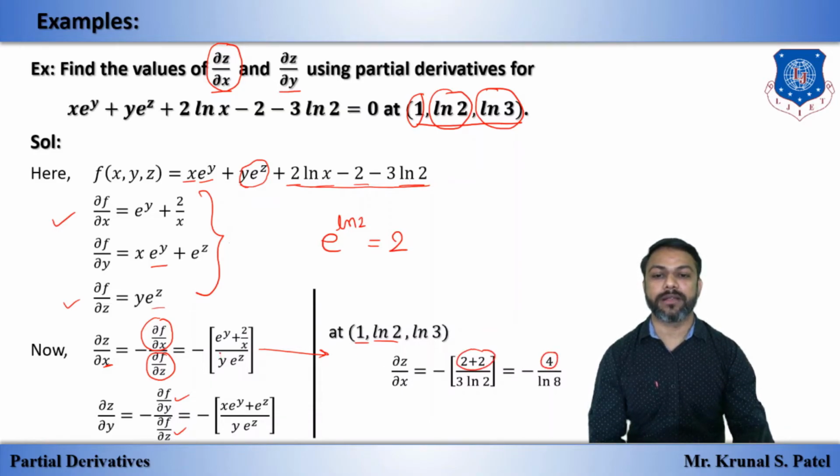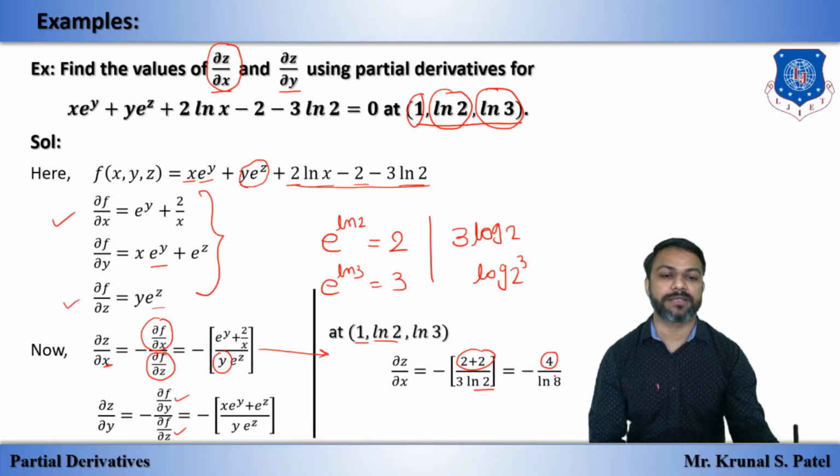In the denominator y is ln2, and z is ln3, so e raised to ln3 gives answer 3, so we have 3, and we know the logarithm rule, 3 log 2 we can write as log 2 raised to 3, 2 raised to 3 is 8, so we can simplify in this term also.